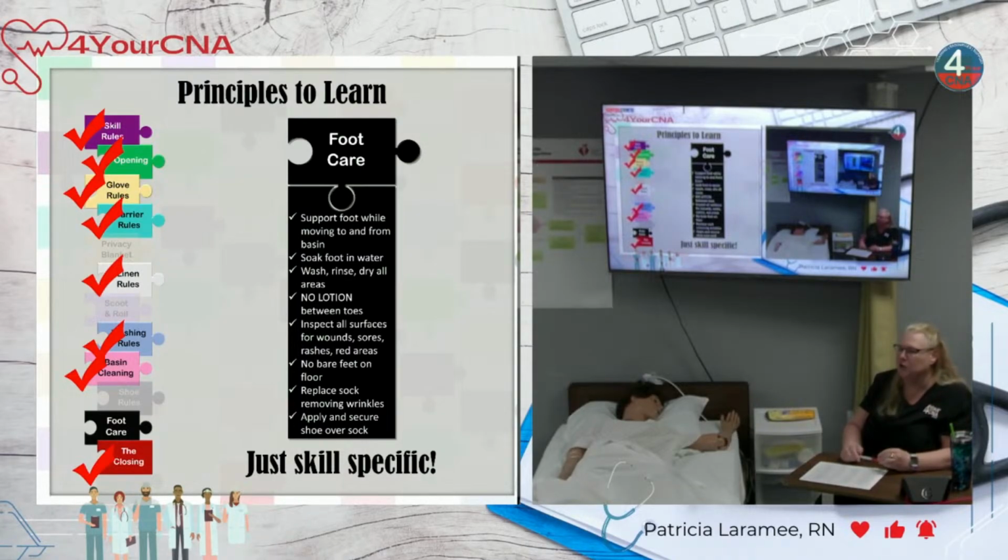As you get older, you become less flexible, and older people have not seen the bottom of their own feet in years. So if they're not looking at the bottom of their feet, somebody should be. And that's what this skill is all about, is recognizing your patient doesn't have the same flexibility as you do. So we're going to be their eyes.